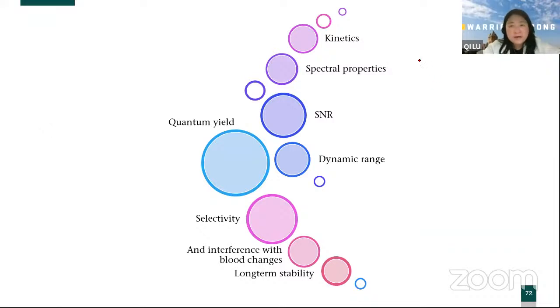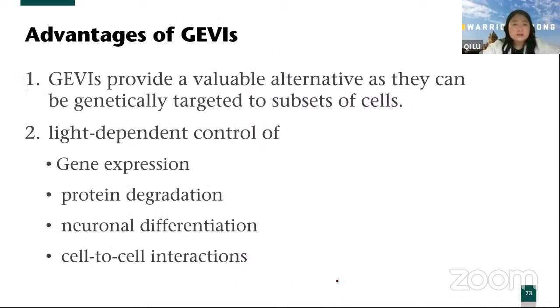So there are many factors that I need to consider for GEVIs: kinetics, spectrum property, signal-to-noise ratio, quantum yield, dynamic range, selectivity, interference with blood change, long-term stability, cell toxicity, and light toxicity, all quite important.